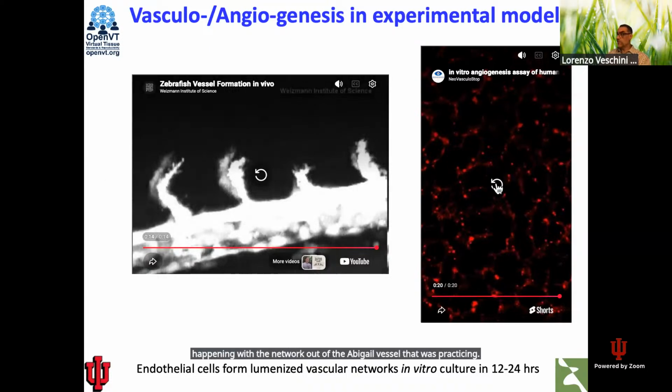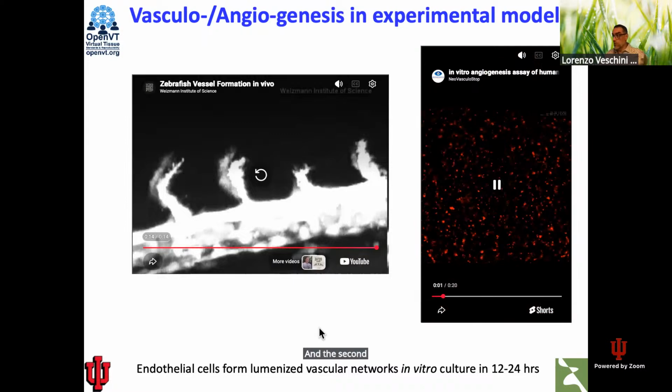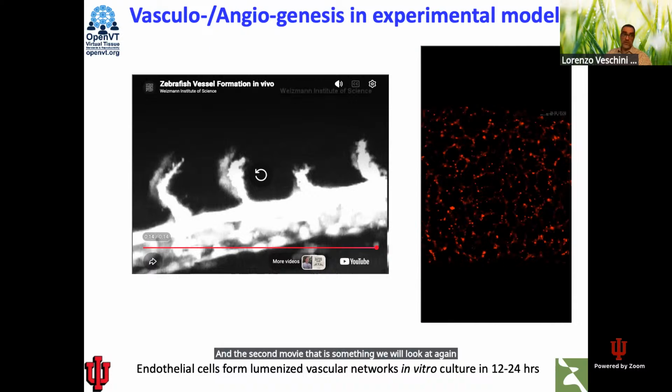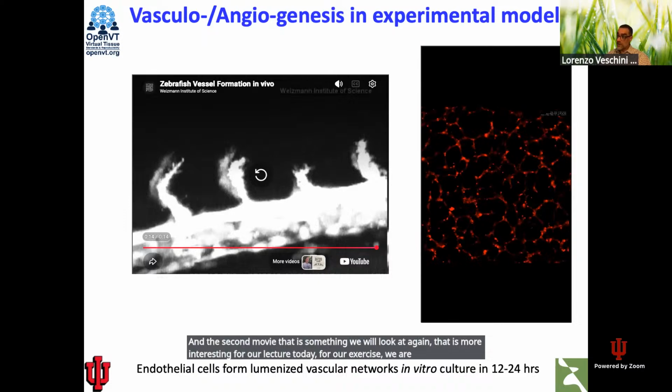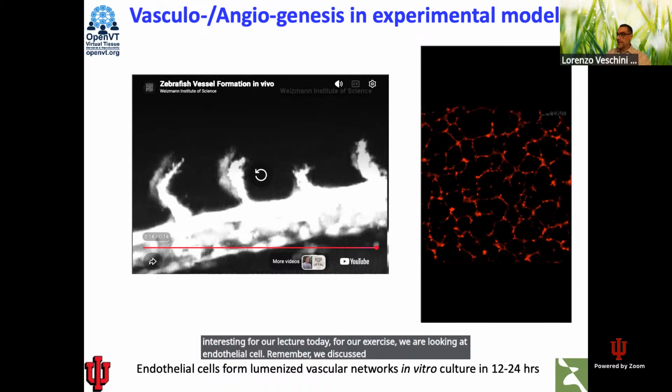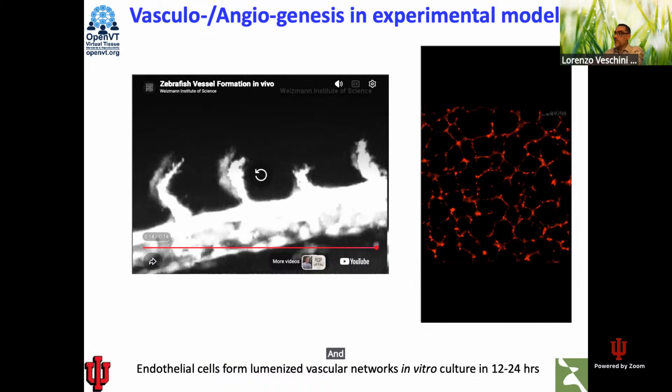In the second movie, that is something we will look at again, that is more interesting for our lecture today, for our exercise. We are looking at endothelial cells. You remember we discussed them, and how they behave in vitro, in a petri dish, let's say.